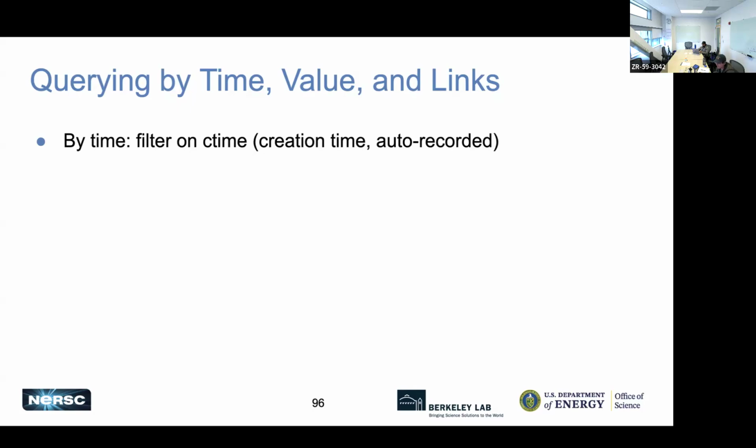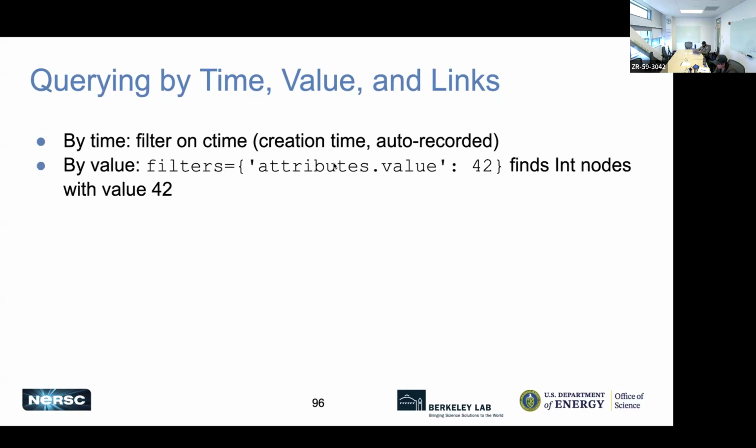You can query looking for specific values, and you can query looking for specific links. All of this stuff has been recorded automatically behind the scenes by AiiDA. If you ran something with AiiDA 6 months ago, this information is available to you as long as you kept the database around. So you can put in filters for your values and do something specific that's shaped like this.